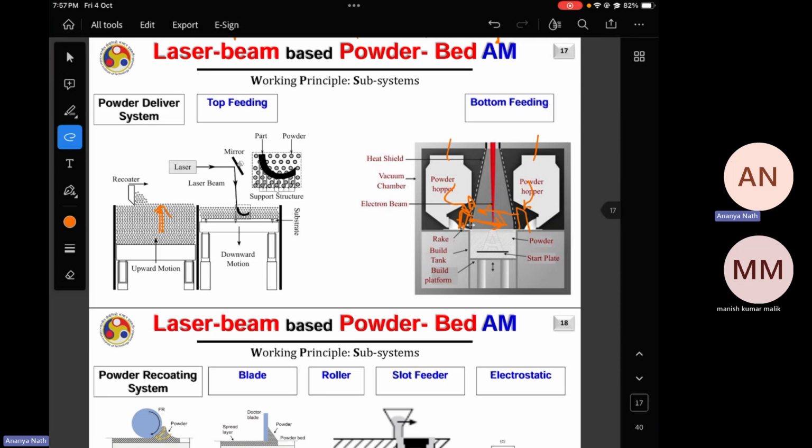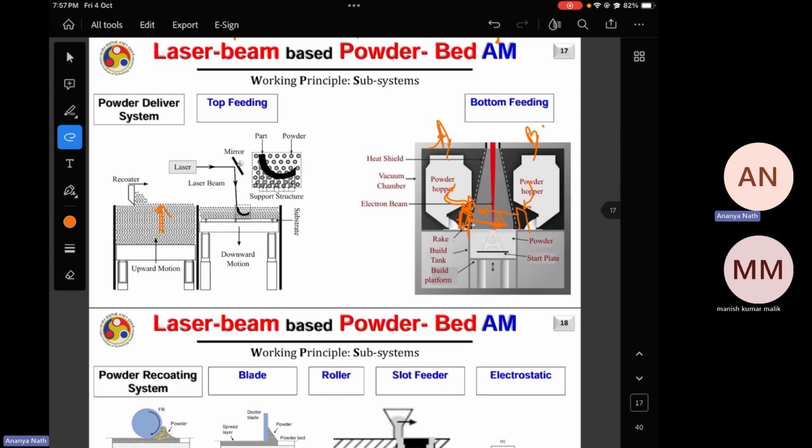Again, now the recoater is in this position, so this powder hopper will be activated and the powder will come from powder hopper A, if it's A and it's B. So this is how the recoater moves, and every time the recoater has a chamber for the powder hopper which will get attached to each other when it reaches that position, and the powder will be fed from the hopper to the recoater itself.